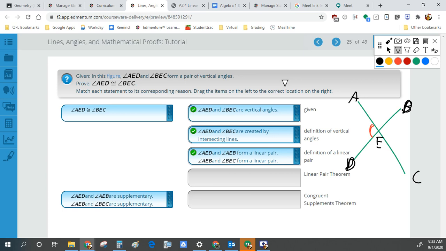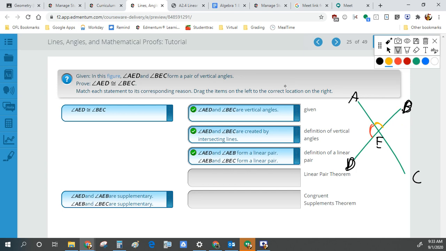So it's saying here that this red angle and this yellow angle are a straight line. How do we know that they're a straight line? It's the definition. We already know that DB is a straight line. So by the definition of linear pair, they're a straight line.